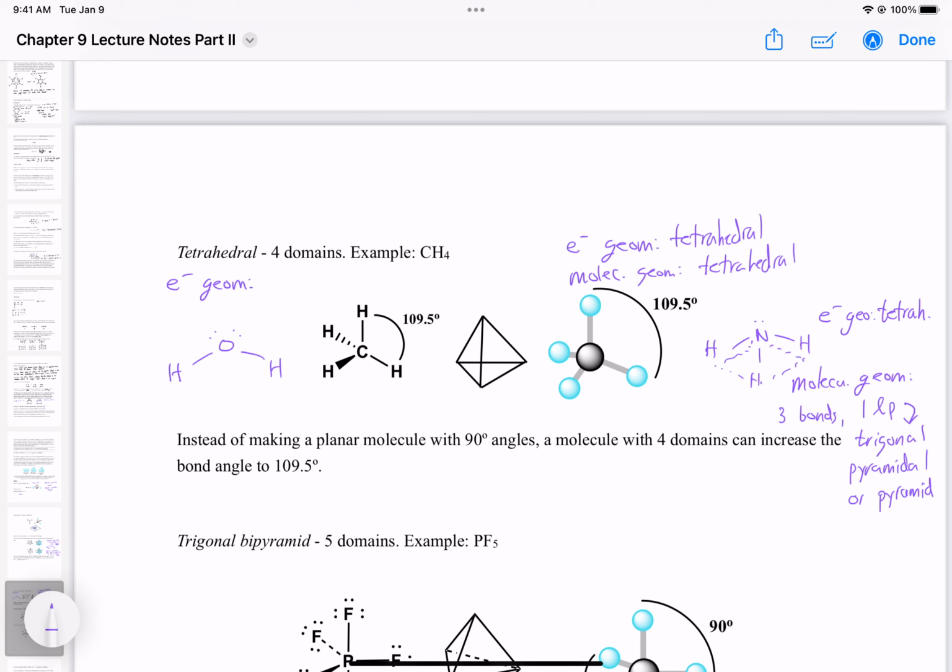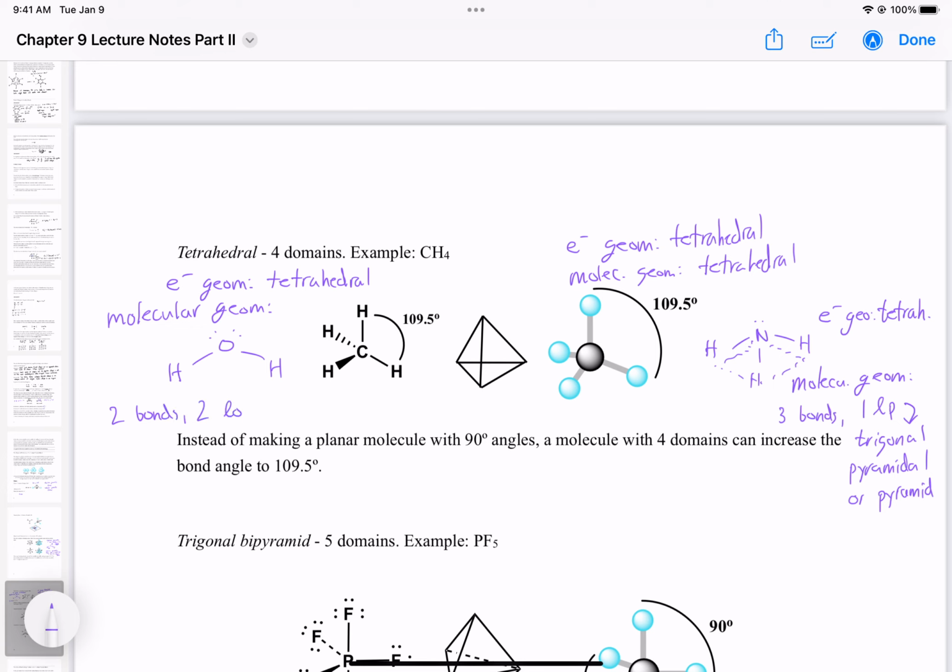But anyway, for oxygen, its electron geometry will always be the same as the other two because it has 4 electron domains: 2 pairs of electrons in bonds, and 2 pairs as lone pairs, or unbonded. So it will still be tetrahedral. But now its molecular geometry is a little bit different. It has 2 lone pairs and 2 bonding pairs of electrons. When we have that scenario, we call this bent.